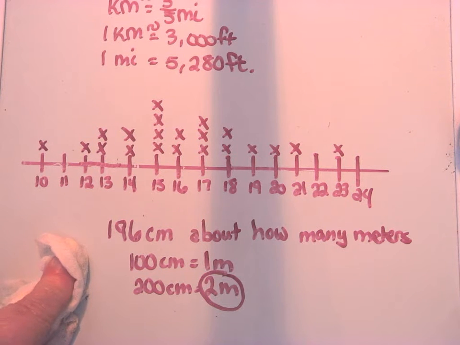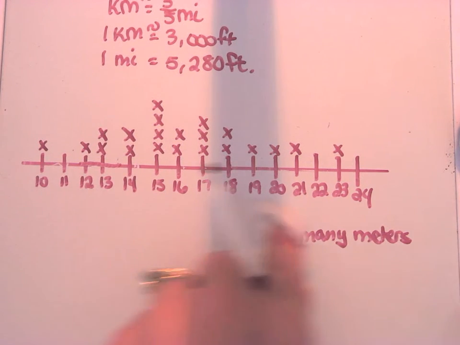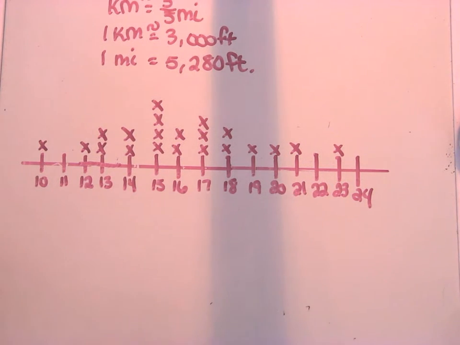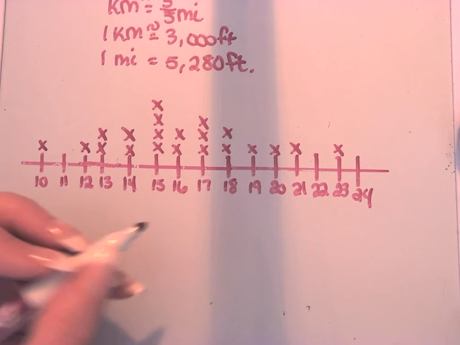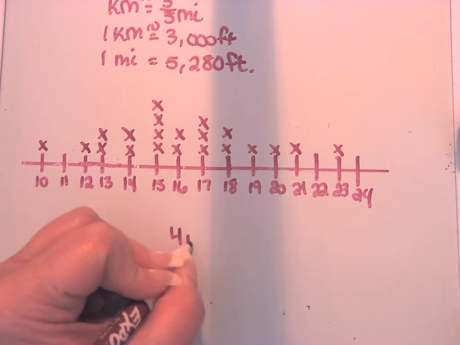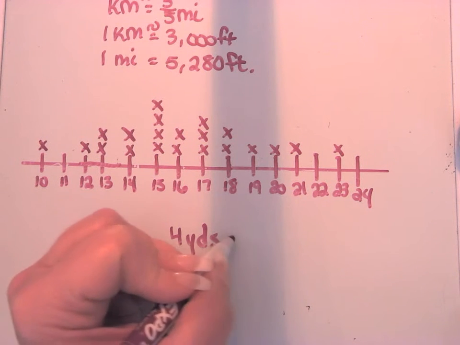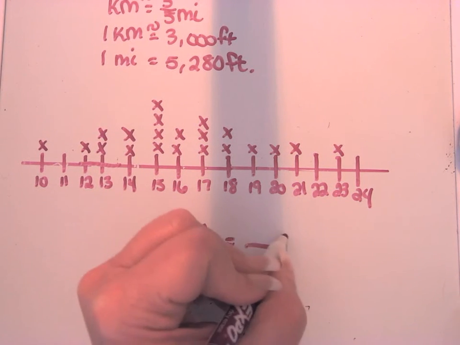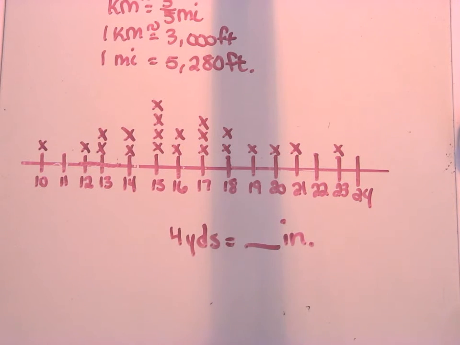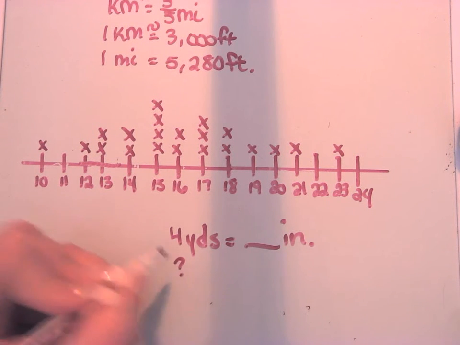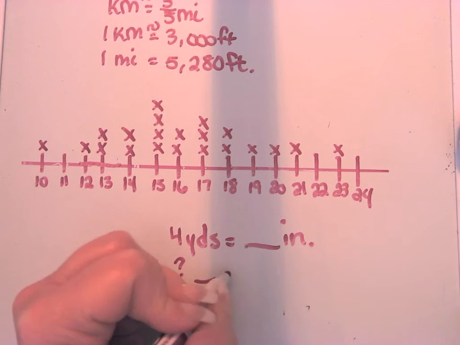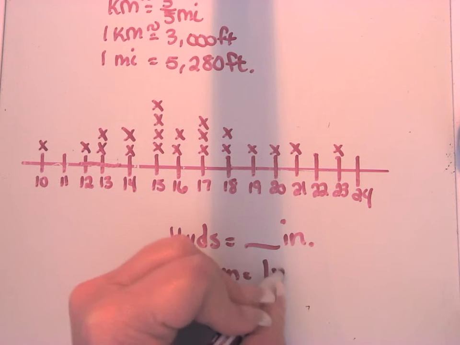If we wanted to know how many inches something is from yards, let's look at that. If I had 4 yards and I wanted to know how many inches that is, I would ask myself, how many inches are in 1 yard? Blank inches equals 1 yard.